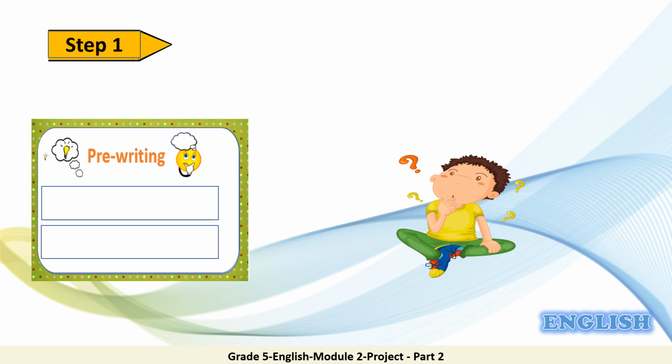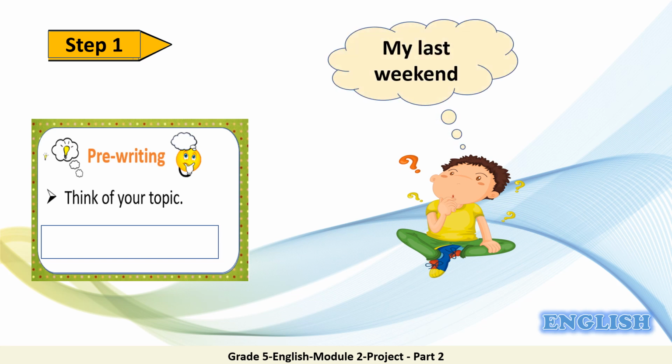Now let's start with step number 1. Pre-writing. Here you have to think of your topic. What is the topic that you are going to write about? Here you have to write about your last weekend.